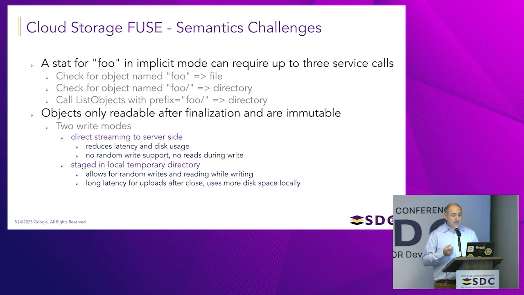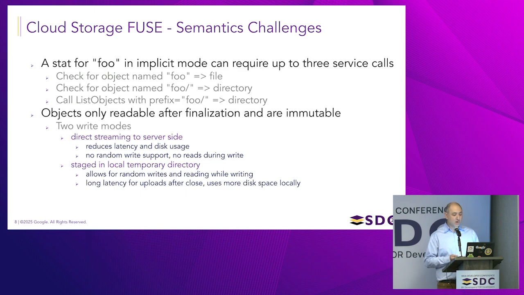Also, when you mount in the default mode, objects are only readable after finalization. You can imagine you have a lot of file workloads where, as you're writing a file, you want to be able to read it back. But with object storage, as you're uploading, you can't read data back until it's finalized, and then it becomes immutable. So the way we did this is we have 2 write modes.